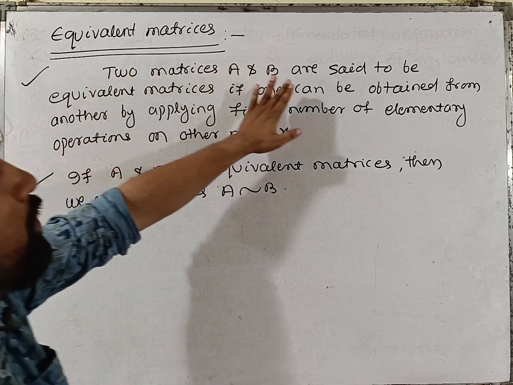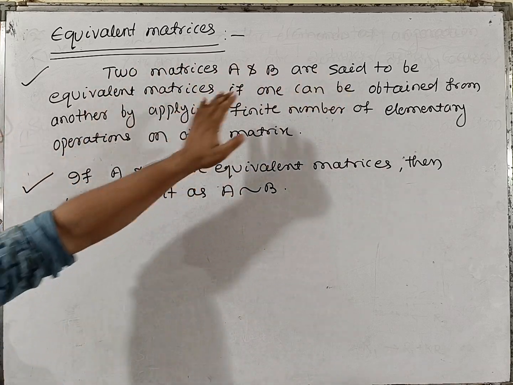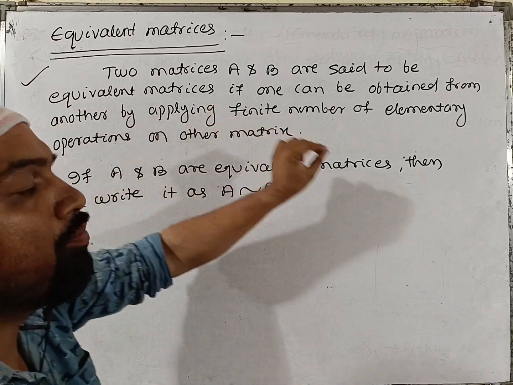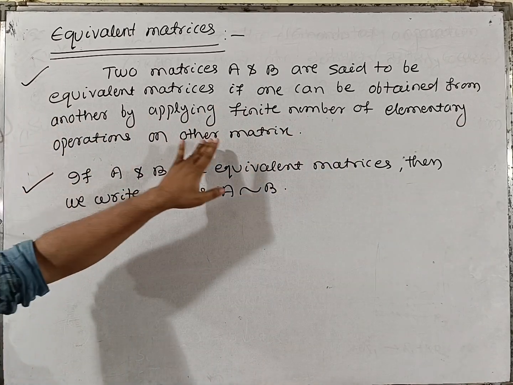Two matrices A and B are said to be equivalent matrices if one can be obtained from the other by applying a finite number of elementary operations on the other matrix.